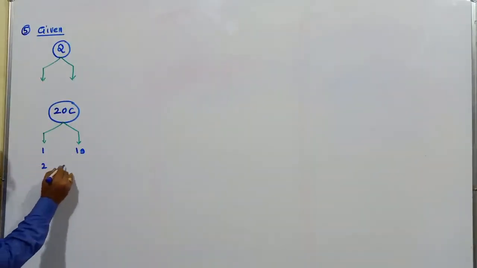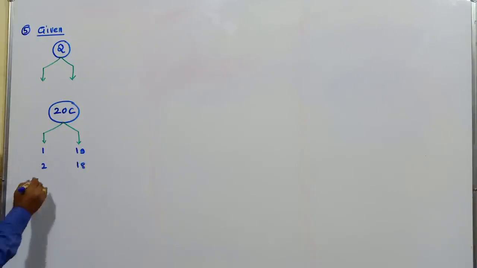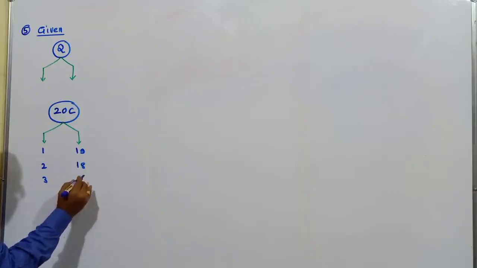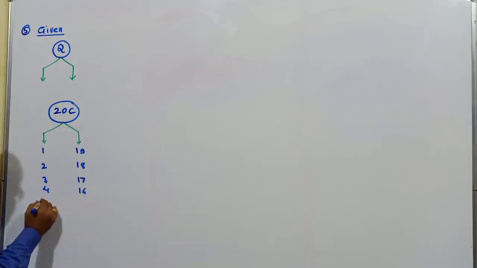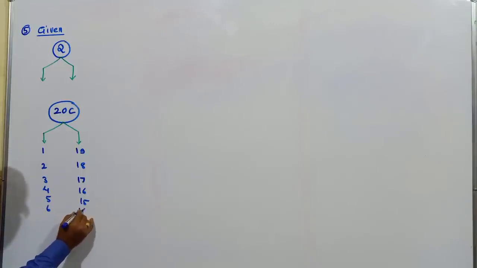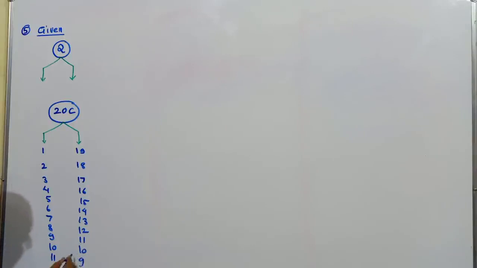First as 2 coulomb, another 18 coulomb. 3 coulomb, 17 coulomb, 4, 16, 5, 15, 6, 14, 7, 13, 8, 12, 9, 11, 10, 10, 11, 9. Again this is going to repeat in the reverse way. Flip flop again. So this is sufficient to get an idea, I feel.